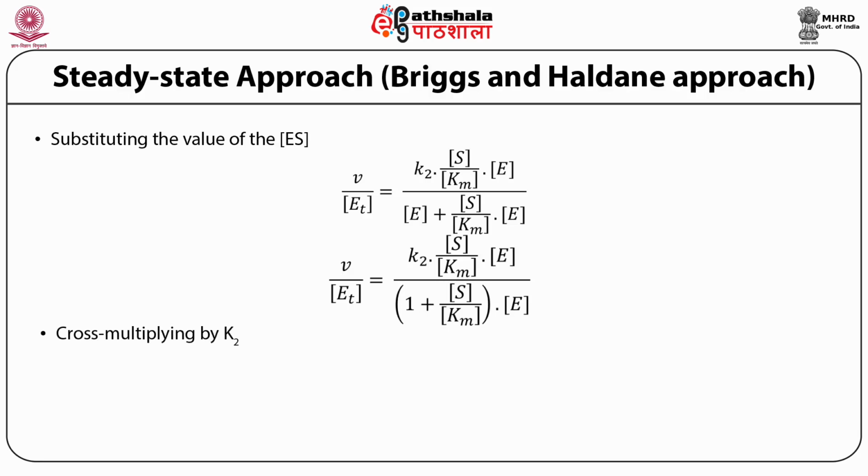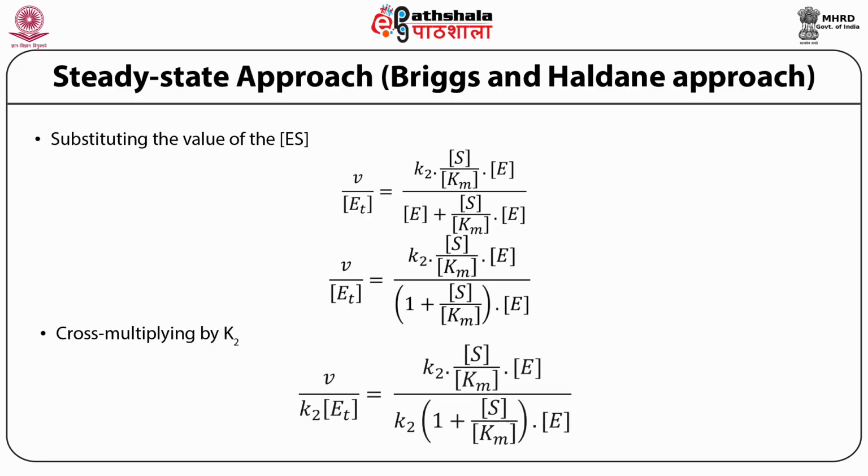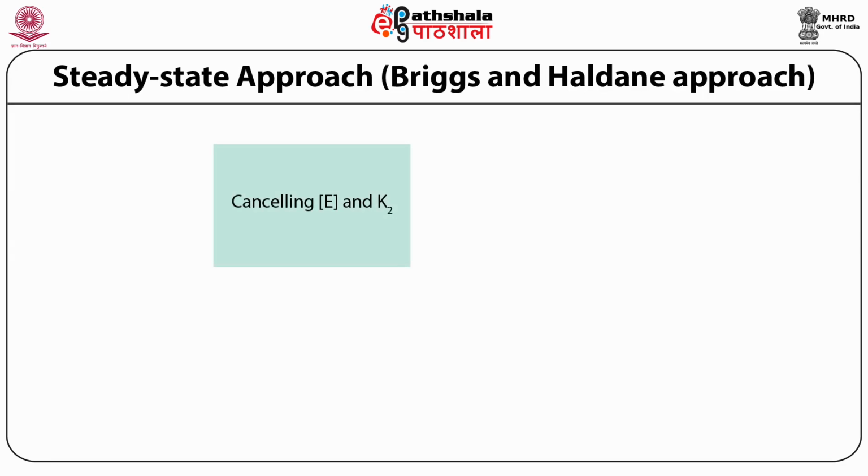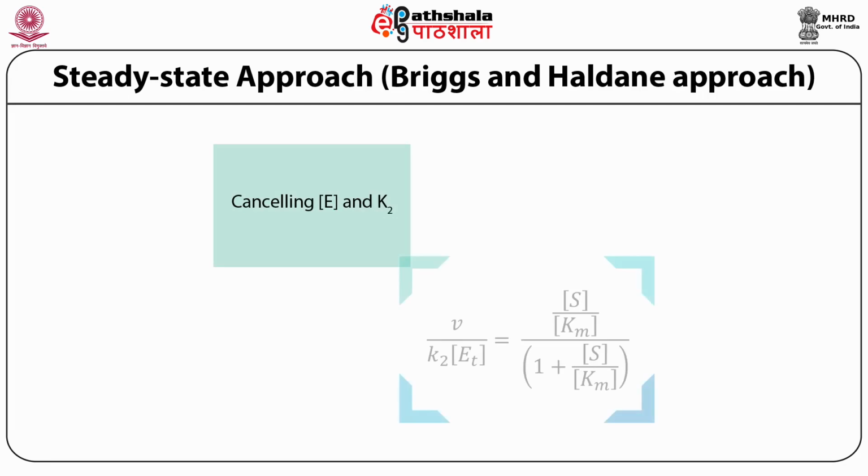When you cross multiply this equation with K2, you will find that we have multiplication only in the denominator, and the equation becomes V upon K2 into ET is equal to K2 into S upon Km into E divided by K2 times 1 plus S upon Km into E. When you cancel free enzyme and K2, the equation becomes V upon K2 into ET equals S upon Km divided by 1 plus S upon Km.